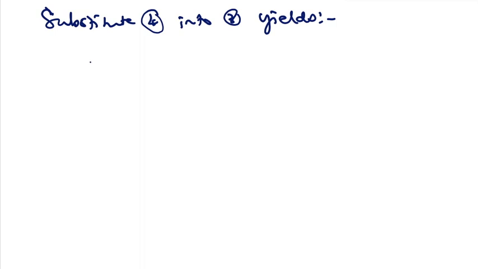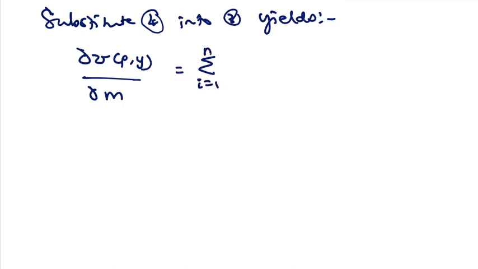So we have delta V over delta m equals to the sum of i from 1 up to n, because we have n commodities, of lambda pi multiplied by delta xi over delta m.